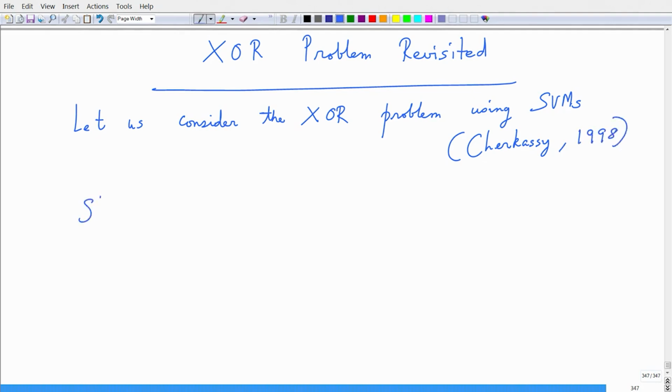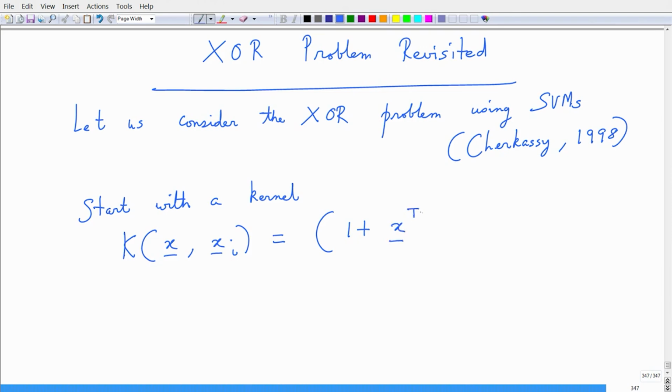So we start with a kernel, and we assume this kernel to be of polynomial type, given by k of x comma xi is (1 plus x transpose xi) squared, and I assume that these vectors are in a 2-dimensional space.